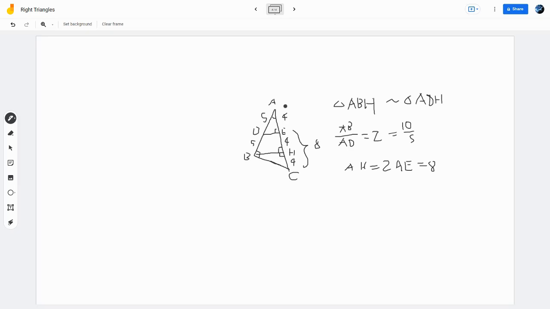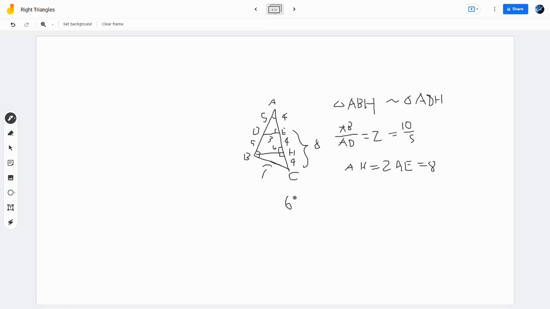And for our last thing, we know from our previous problem that 3 squared plus 4 squared equals 5 squared, so we can just fill in DE equals 3, BH is equal to 6. And with the Pythagorean theorem, because BHC is a right angle, we can find out what BC is.